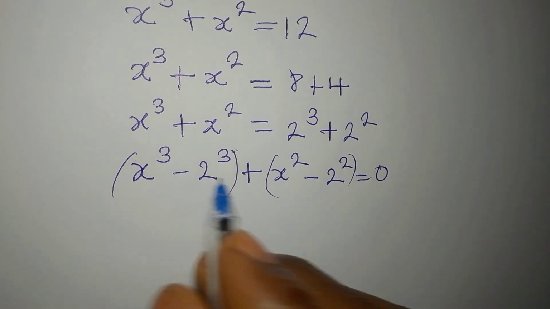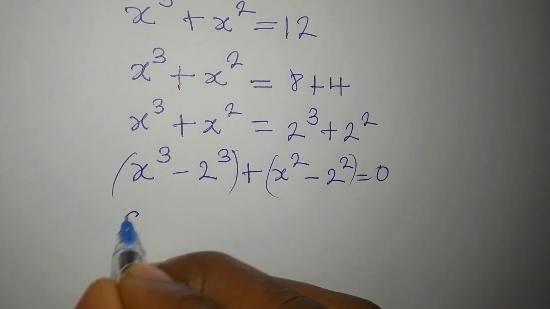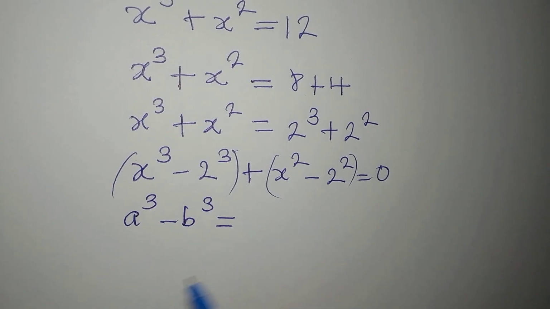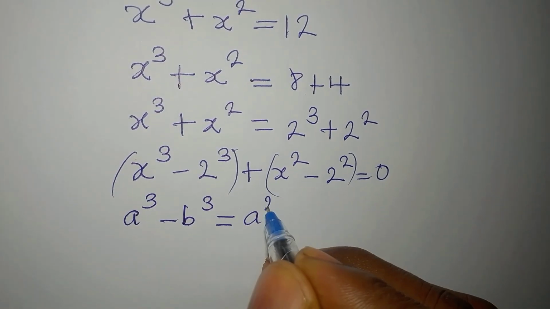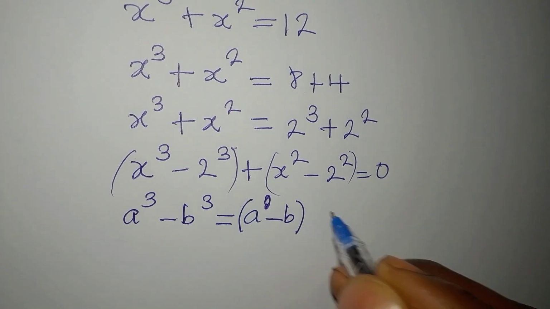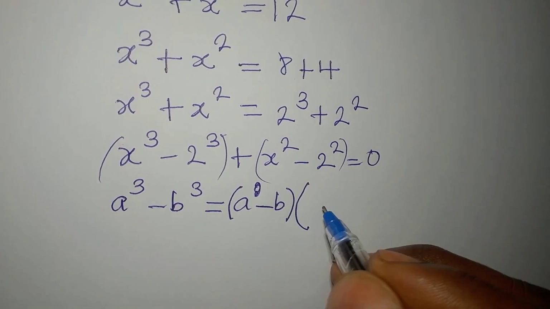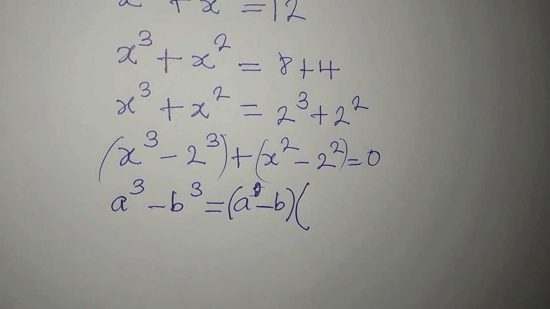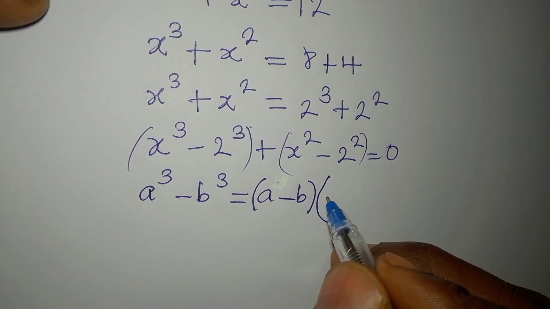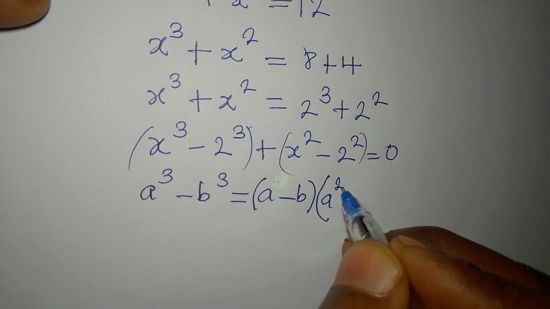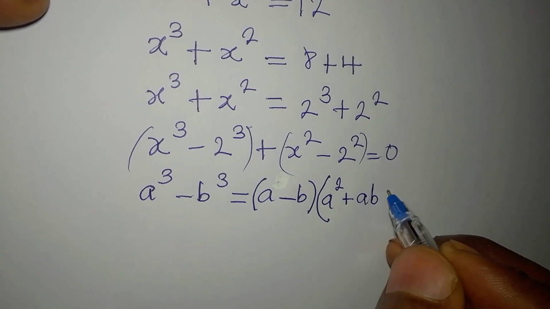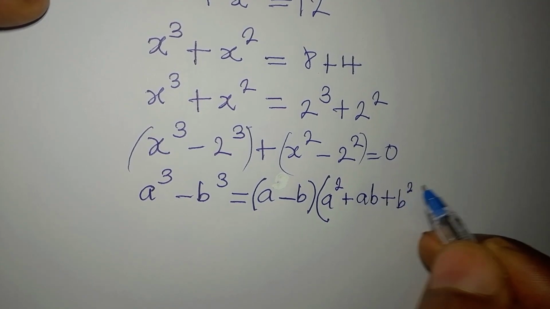If I'm going to deal with this first bracket, a to the power of 3 minus b to the power of 3, this is the same thing as a minus b, then into the second one, a to the power of 2 plus ab plus b to the power of 2.